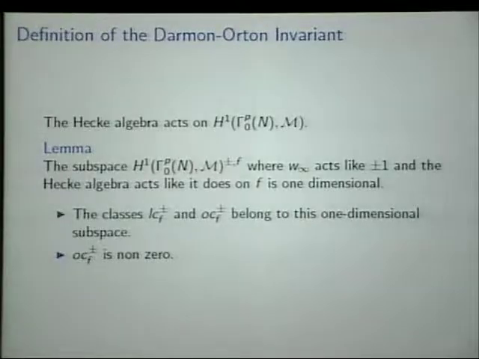Now, the strategy to construct the Orton invariant is very similar to what we did before. You still have a Hecke action on this space. It acts on the D0 in M, and it acts in the usual way when you have functions on this group. The thing you need to show is that if you look in this group for the subspace cut out by the Hecke algebra, in the same way as it acts on F, and you impose this sign condition, basically you take the odd or the even modular symbols, you need to check that both of these classes now belong to this space, which turns out to be one-dimensional, and this number here is not 0 in that one-dimensional space.